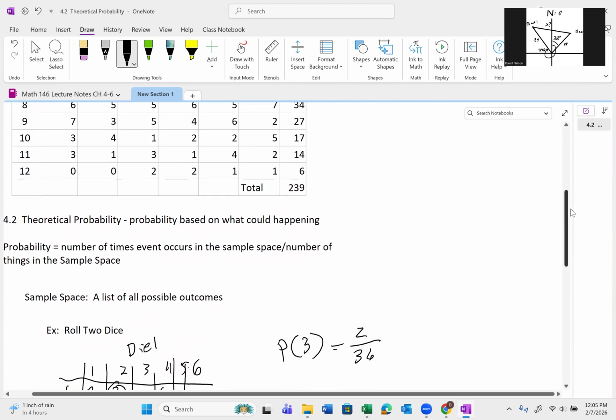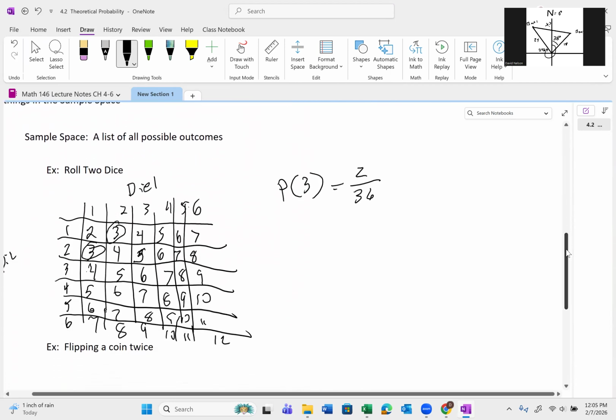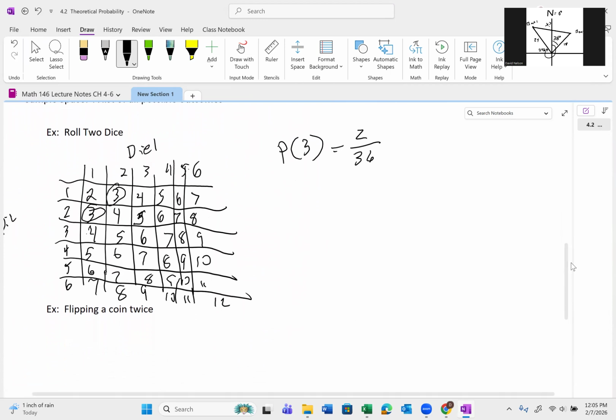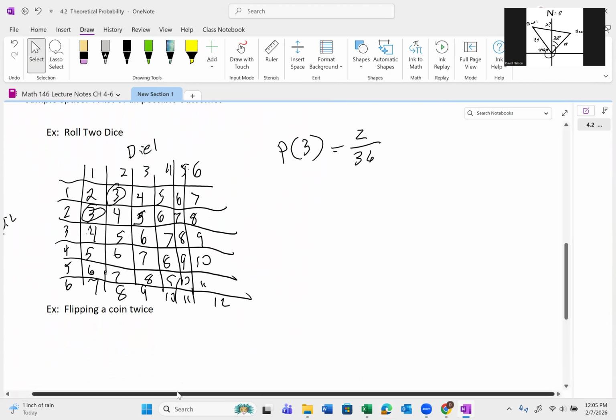So your theoretical probability is you list all the outcomes. That's your sample space, your list of all the possible outcomes. And then when you're looking at your probability, whatever event you're looking at, you want to look at how many times it happens within your sample space.